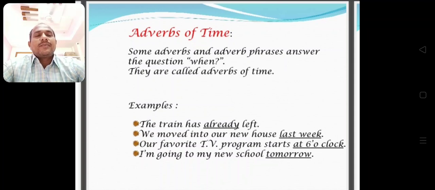When does the TV program start? At 6 o'clock. I am going to my new school tomorrow. When do you go? Tomorrow. Already, last week, at 6 o'clock, tomorrow are the examples of adverbs of time. They answer the question when. That's why they are called adverbs of time.